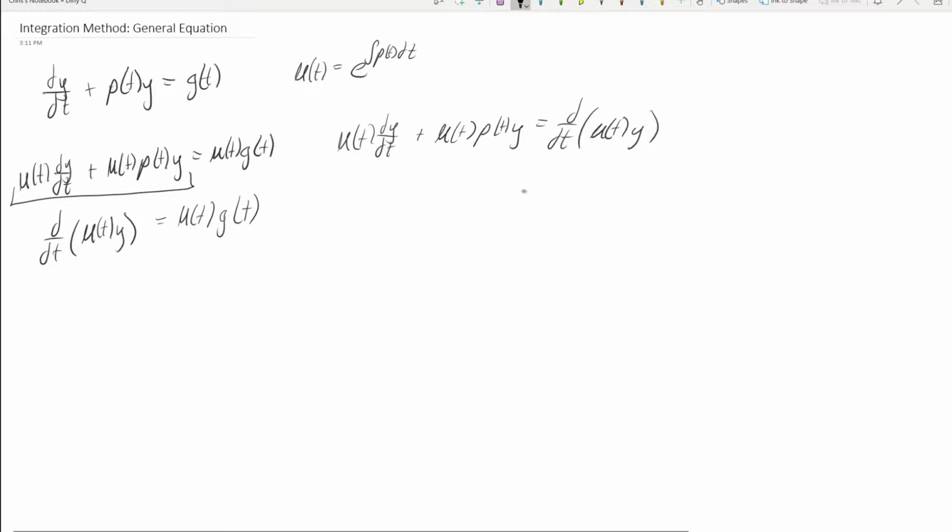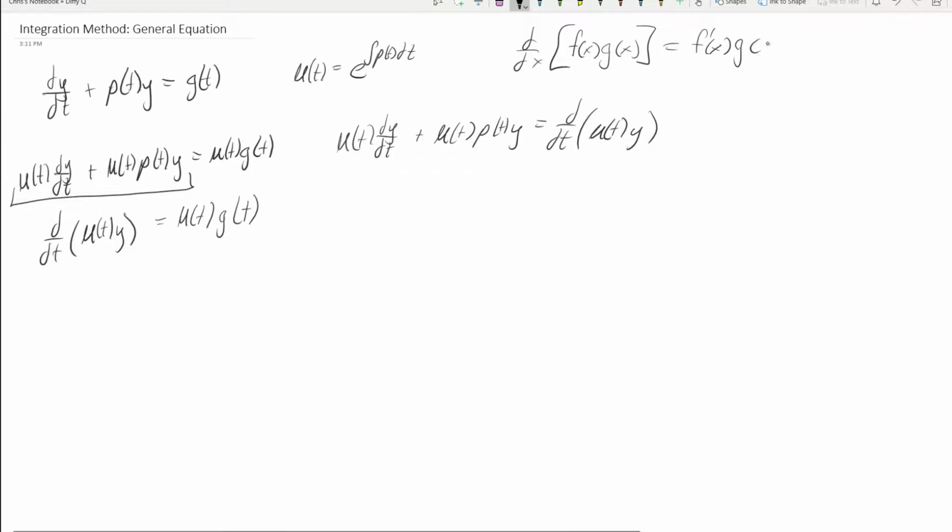So we're going to use the product rule, which is the derivative of f(x) g(x) is equal to f'(x) g(x) plus f(x) g'(x).